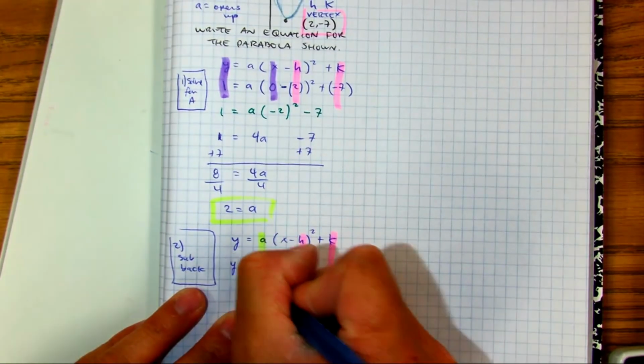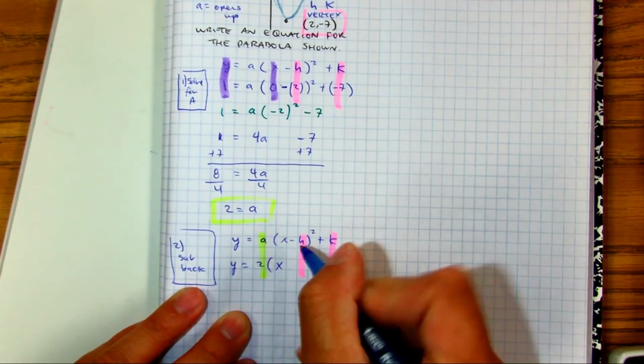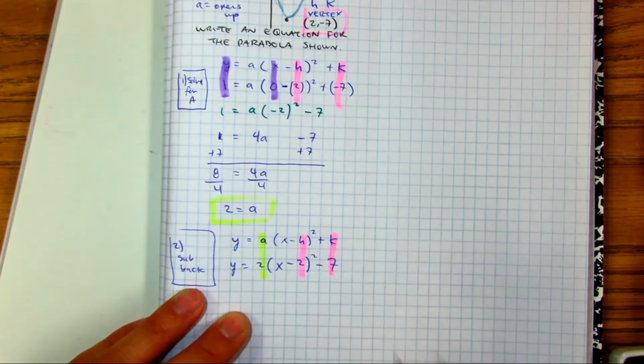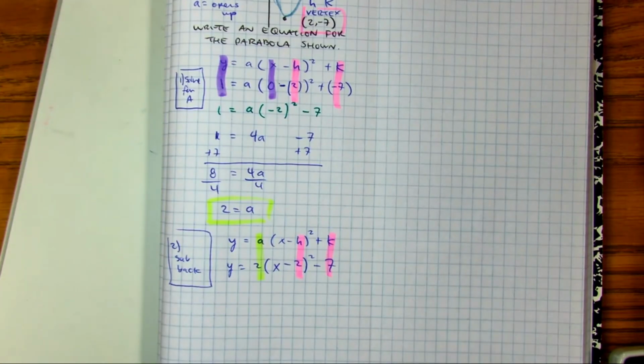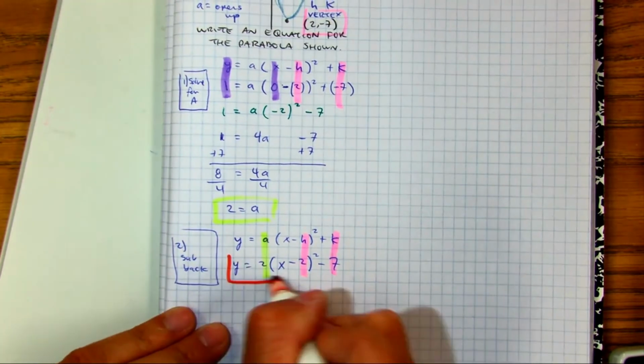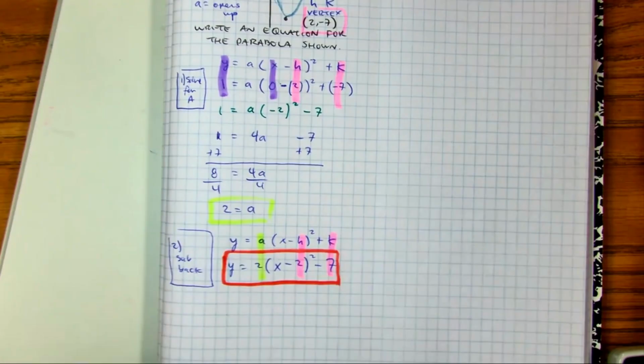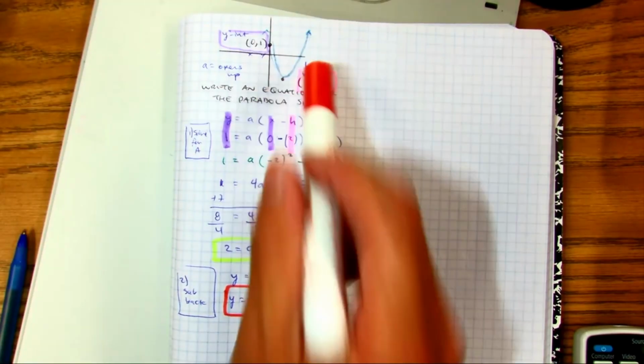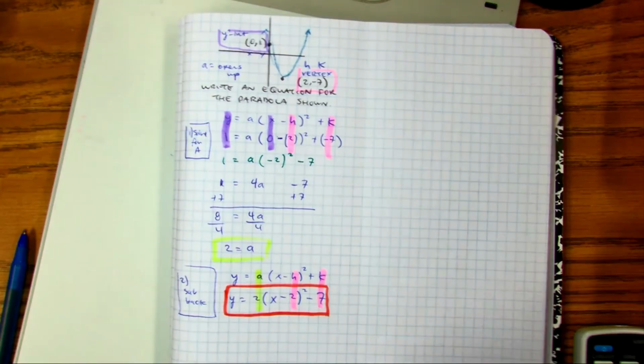Y equals 2 times X minus 2 squared minus 7. Here is my quadratic equation from the graph. Look at your characteristics, solve for your A value, and then put it back in to get a nice equation.